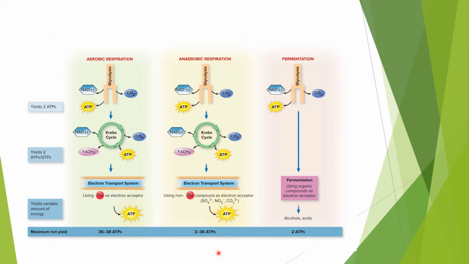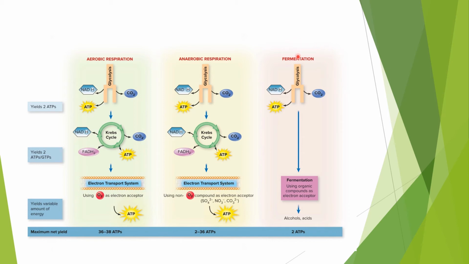Now, some bacteria, though, are not able to go through aerobic respiration or anaerobic, okay? So they go through something called fermentation, okay? And with fermentation, those bacteria are only going to go through the glycolysis pathway or the alternative glycolytic pathways, but they're not going to go through the Krebs or the ETC, okay?